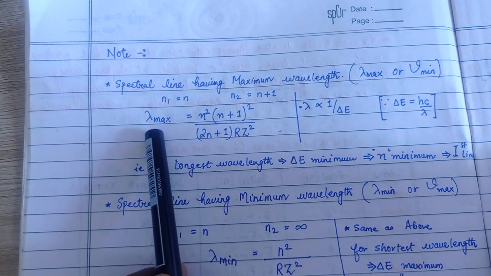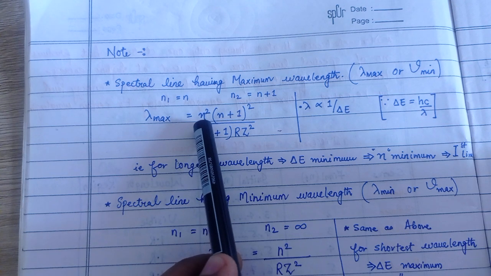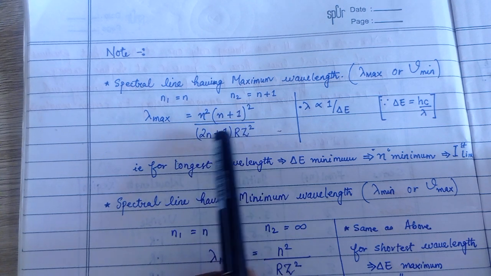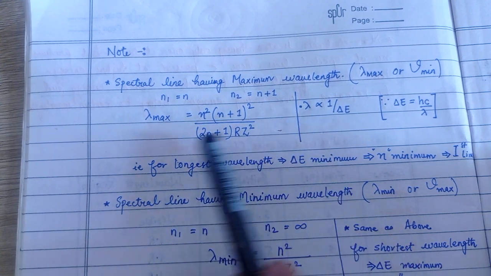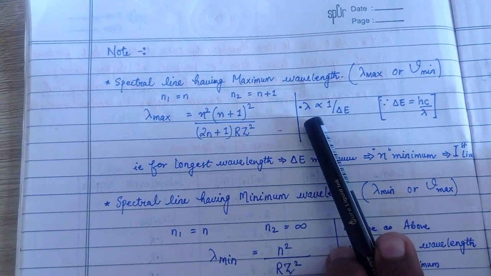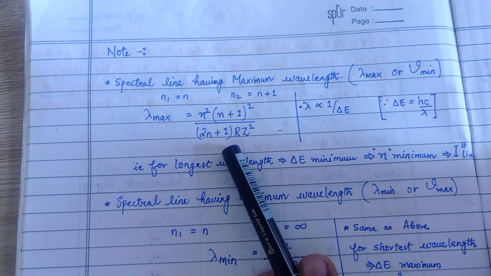By putting these values, lambda max we can calculate as n square (n plus 1) whole square upon (2n plus 1) R Z square. From this we can also relate that the wavelength is inversely proportional to the change in energy. This formula is very important. Some of the students, I think, are confused.